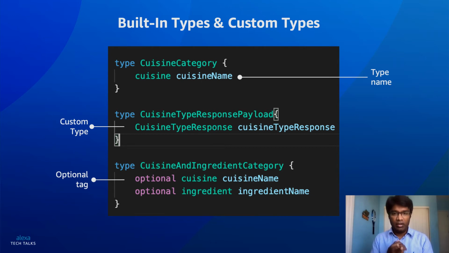One is the built-in types, like string, Boolean, and so on. Then you can create your own custom types, where you can create your own structure, the request and response object, and so on. And the third is the slot types, which some of you might already be familiar with, building through the interaction model and intents in Alexa skills.